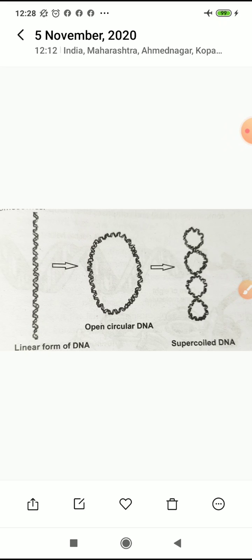We know DNA carries genes, and these genes are responsible for carrying information from one generation to another generation.